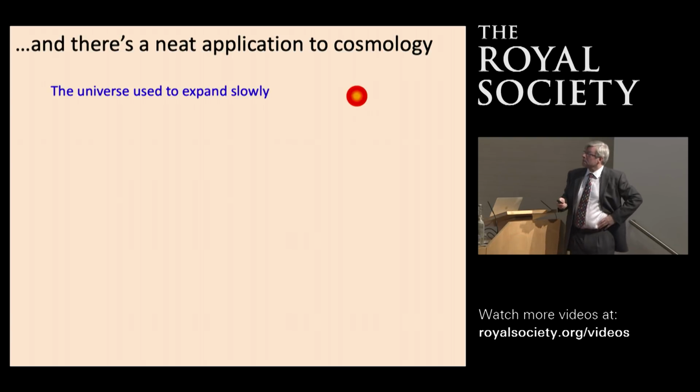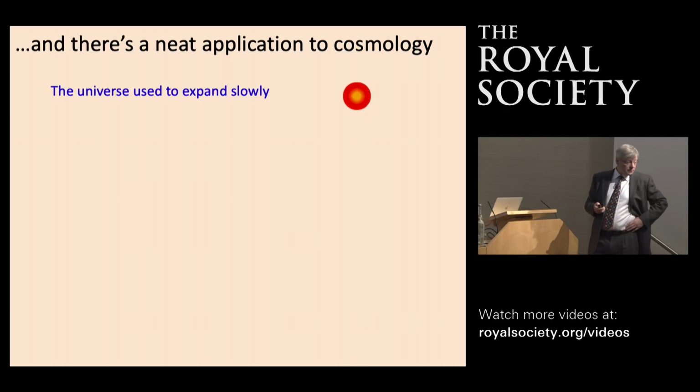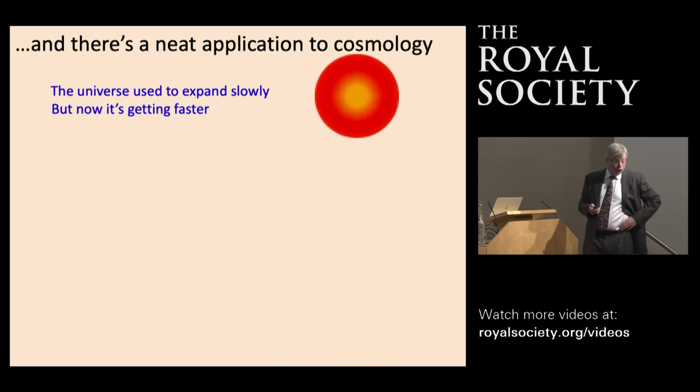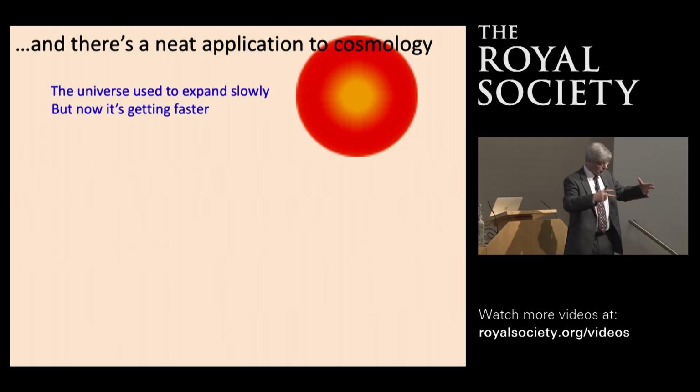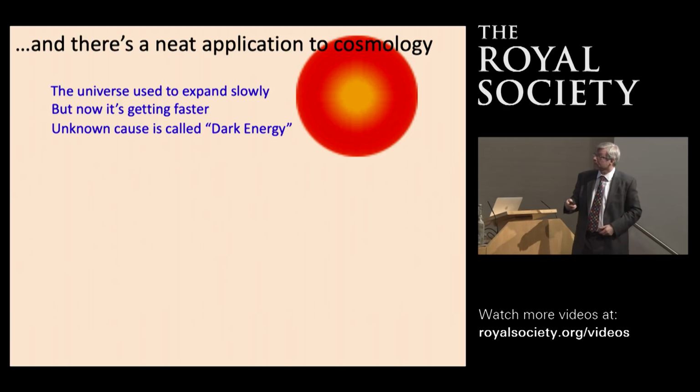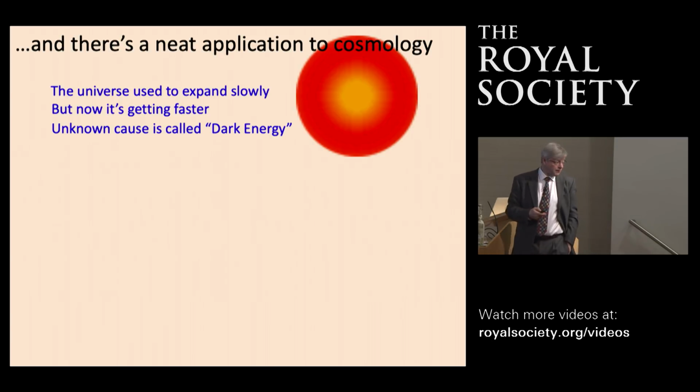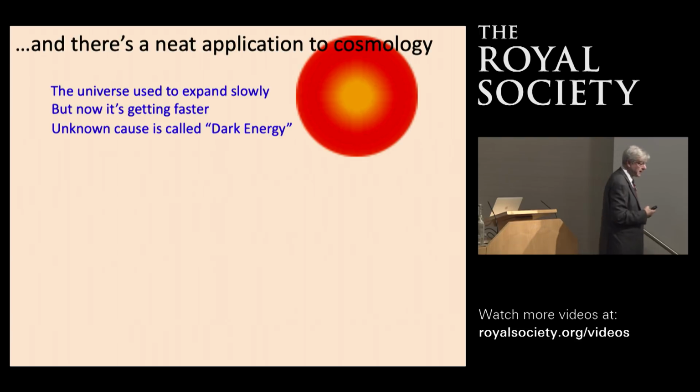And what we know is that the universe used to expand slowly, but now it's getting faster. So the rate at which the size of the universe grows is increasing, it's accelerating. And nobody knows why. So the unknown cause of this mystery acceleration has been called dark energy. It's a marvelous name, it just means I haven't got a clue.